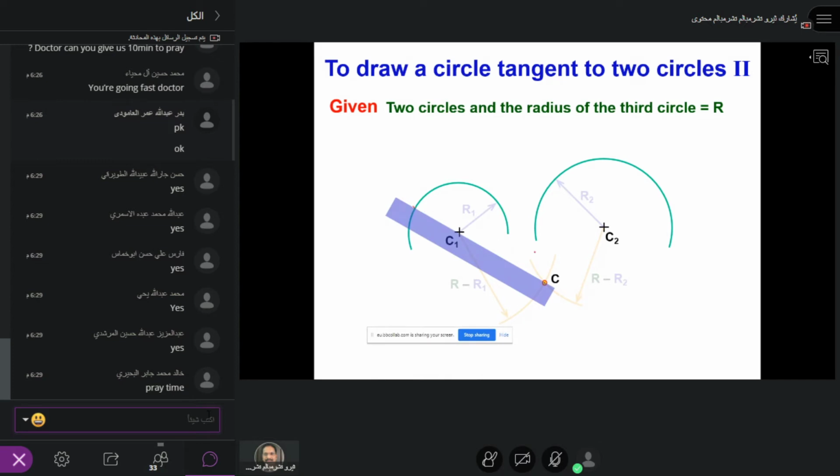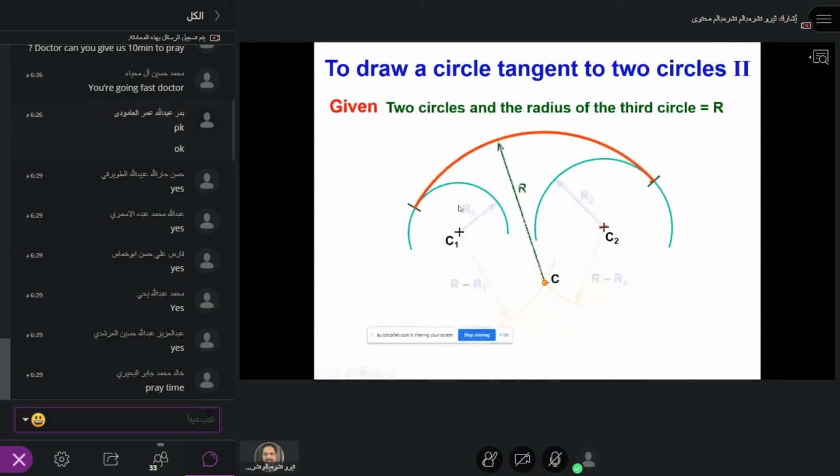So that is the theory. That's why we're joining it here. Very similarly here also. In this case, you have to put these together. It all comes in the same line. That is the definition of a tangent. So make the tangent point here. Similarly, join C, C2, and that will cut at the larger section here. Now take C as center, with the radius which will join these two. Okay. All right.